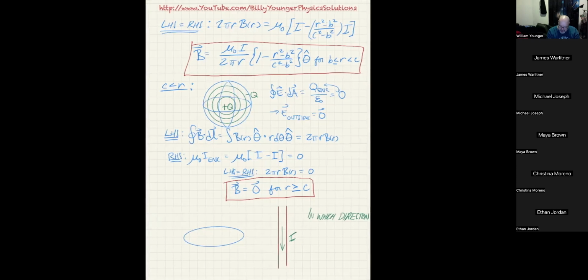So in which direction will an induced current flow? So that's something you can think about. Hopefully you can figure it out on your own.